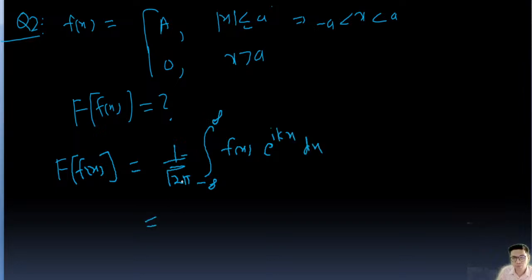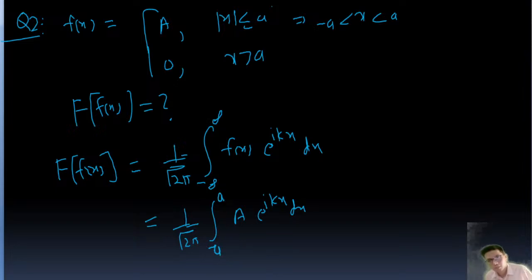So here we'll put the value 1 upon root 2 pi, and the integral of a e to the power iota kx dx, and the limit is going to be between minus a and a, because mod x is less than or equal to a. So this is the value.